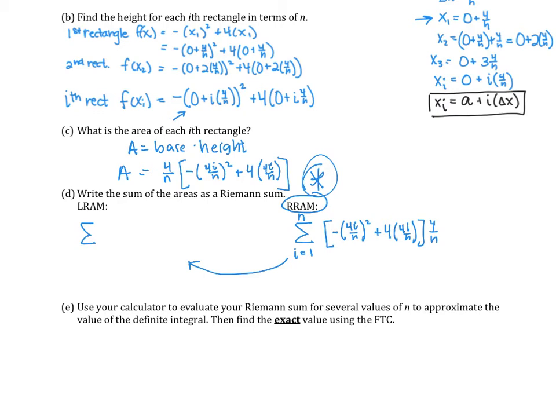It would look the same other than it would start at 0 and go to n minus 1. So it would go from 0 to 3, which makes sense if we're looking at the left-hand rectangles going from 0 to 3. There'll still be 4 of them. And then nothing else changes here. So this would be negative 4i over n squared plus 4.